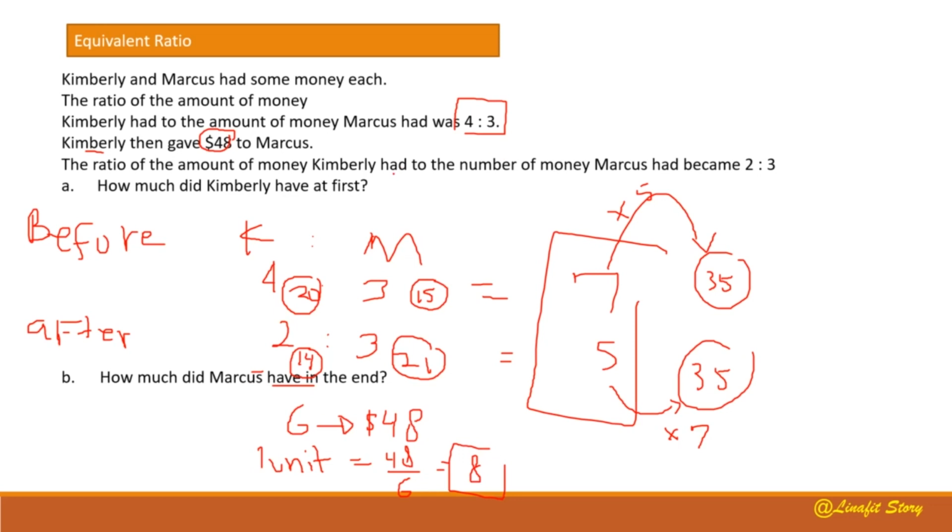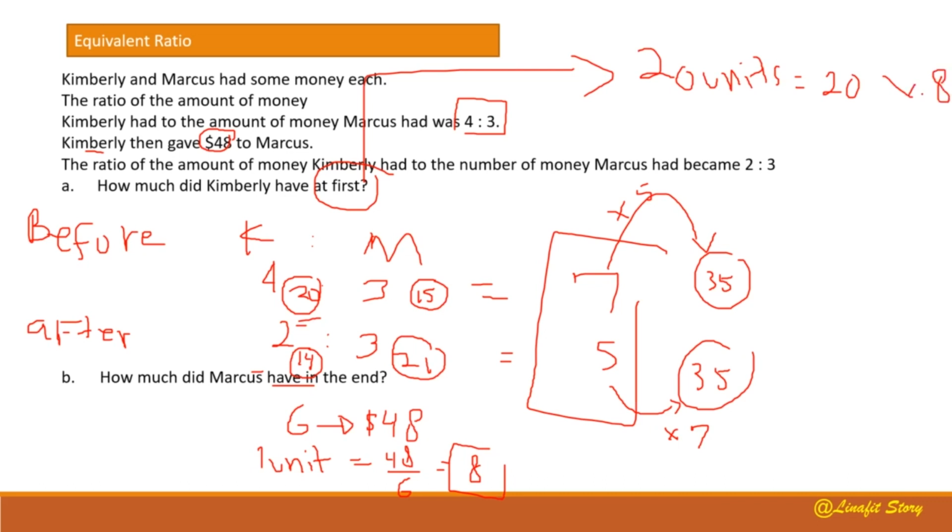So at first, Kimberly had 20 units. So 20 times 8 equals 160. So Kimberly had $160 at first.